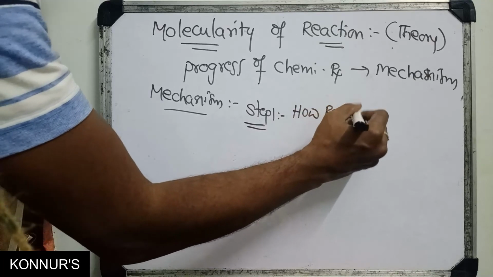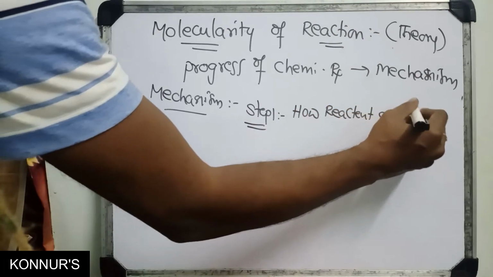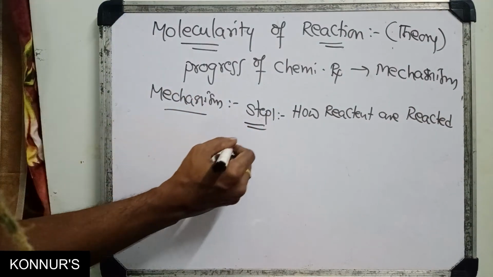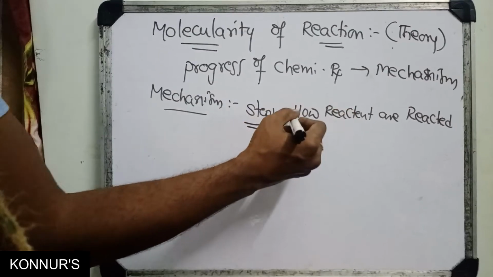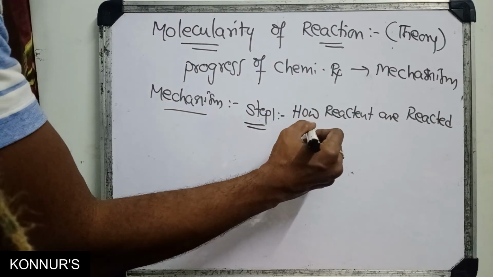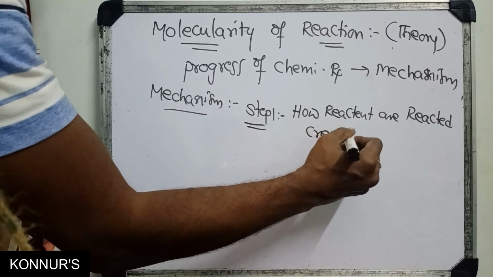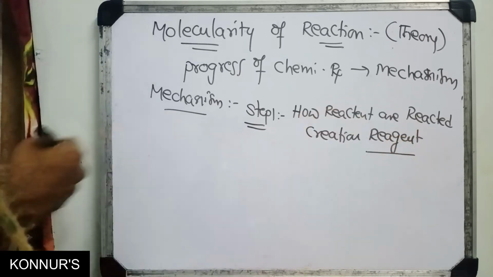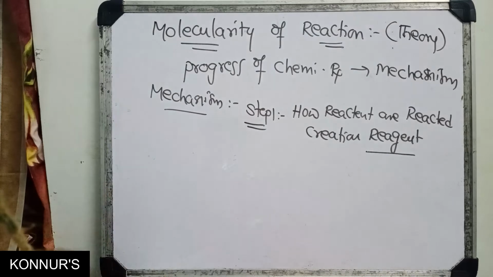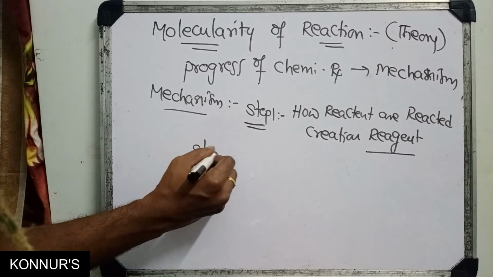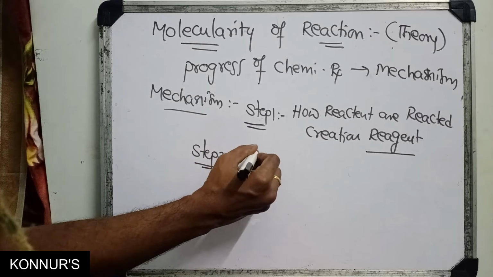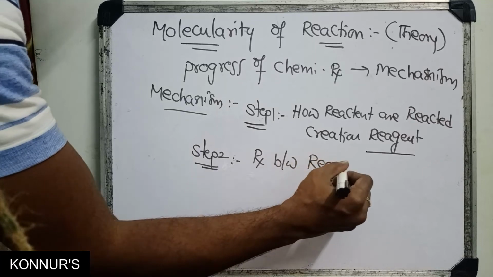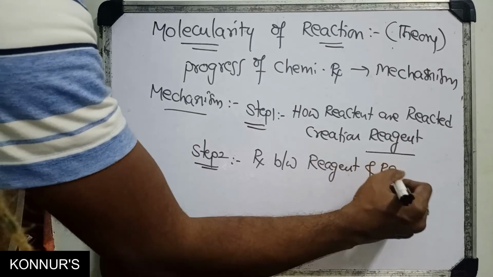Next, the second step explains the creation of the reagent, that means the active substance. Step 2 explains the reaction between reagent and reactant.